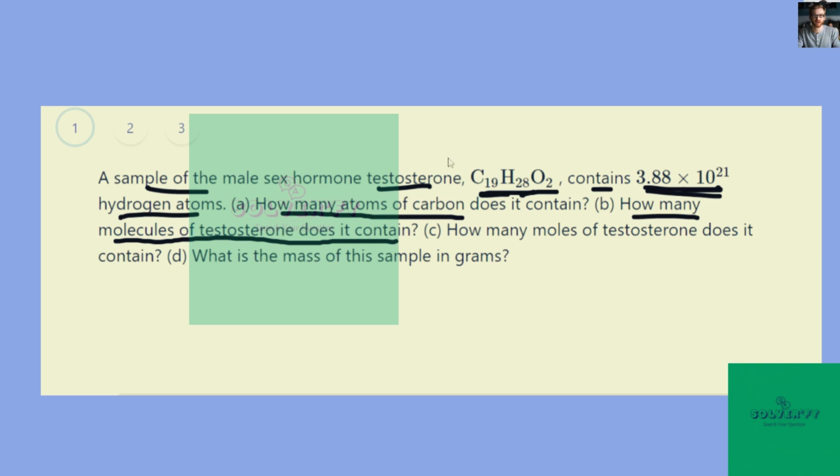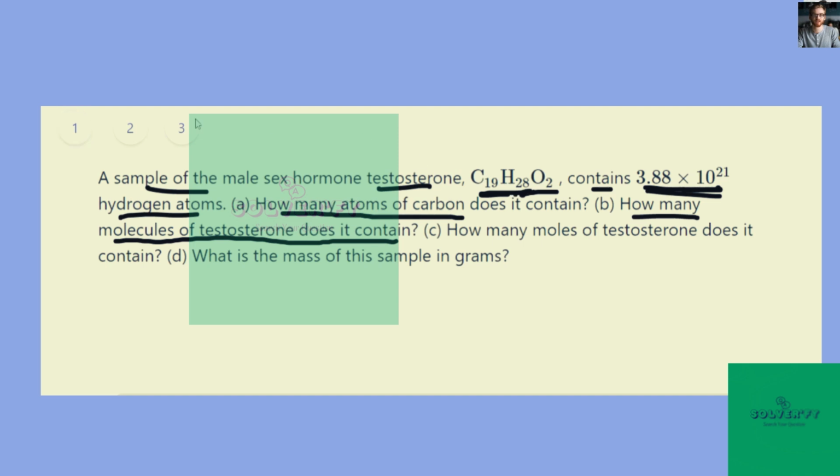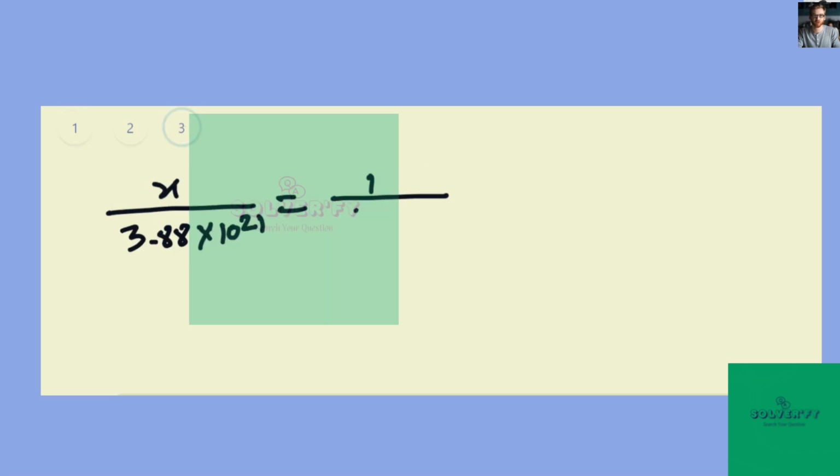In one molecule of testosterone, we have one molecule over the number of hydrogen, which is 28. So 1 over 28. From here, we can find the value of X, which is the number of molecules of testosterone in the sample.